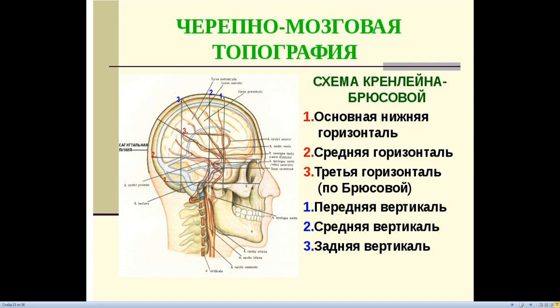More superiorly, parallel to this horizontal line, is present the superior horizontal line. It passes parallel to the inferior one and is on the level of the superior margin of the orbit. And also three vertical lines, 1, 2, 3.